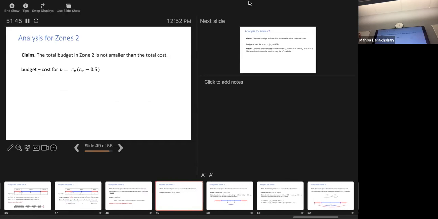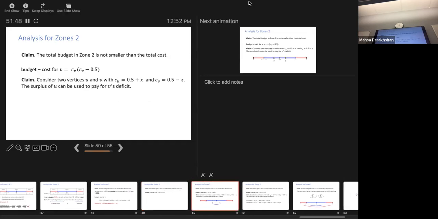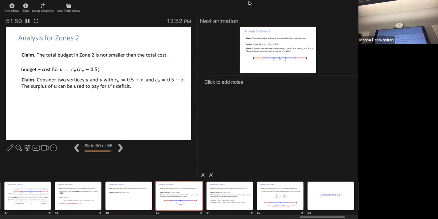Now, to give you some idea about that, take two vertices, U and V. One of them has CU equal to half plus x, for some x between 0 and half. And the other one has CV equal to half minus x. So CV falls here and CU is here in the mirror picture. In other words, CV is 1 minus CU.